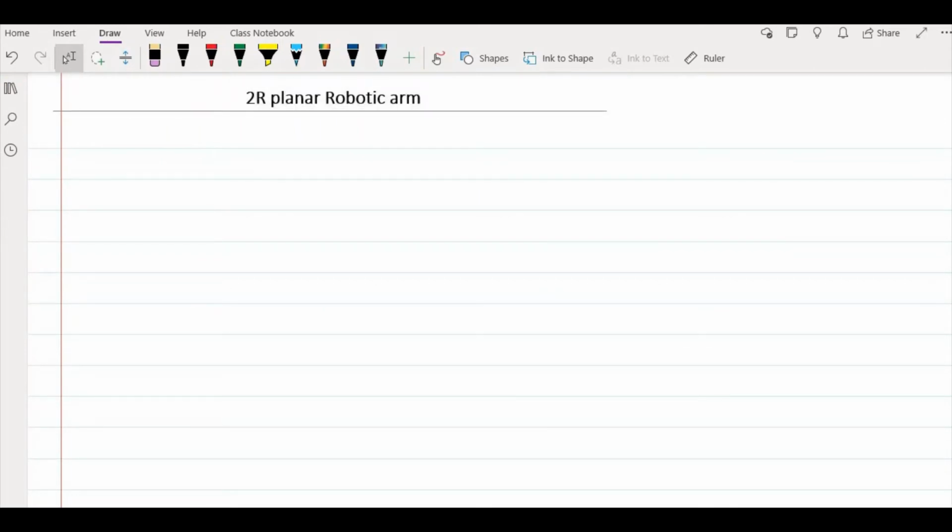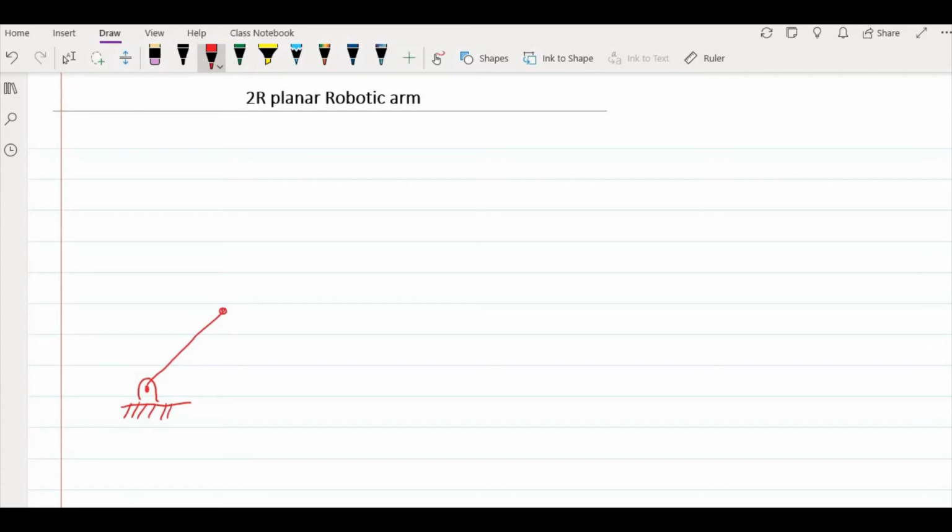Now let us see how we can rotate and translate frames. Okay, so we have an example of a 2R planar robot, which looks something like this.